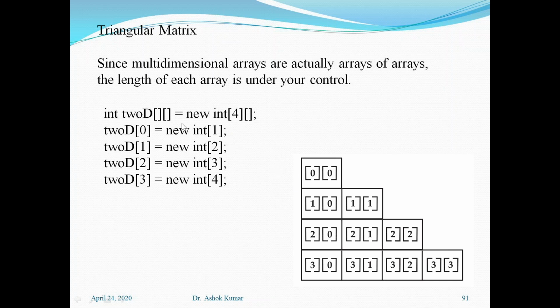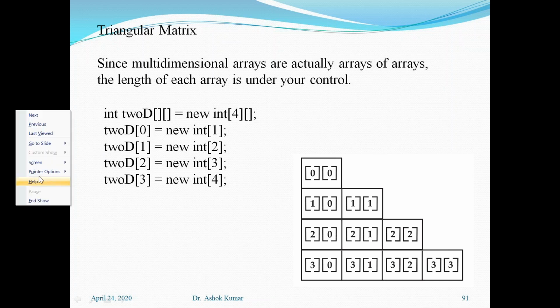So for the first row, we want to allocate memory for just one element. So we have written over here int 1. This will allocate a one element array, and its reference will be assigned to the 2D0. So let me show you that again on the screen, how this will look.